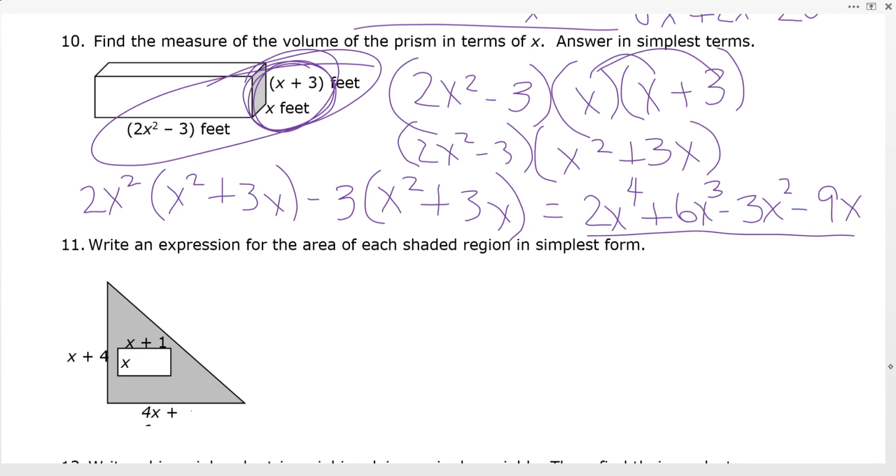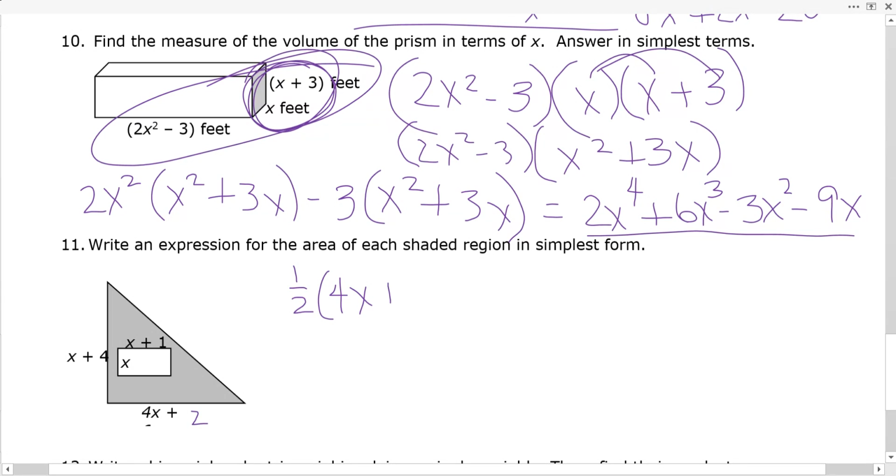Okay, so first of all, I made up a problem and I put a 2 right there because there wasn't anything. So the area of the triangle is 1/2 times 4x plus 2 times x plus 4. I'm going to subtract x times x plus 1.